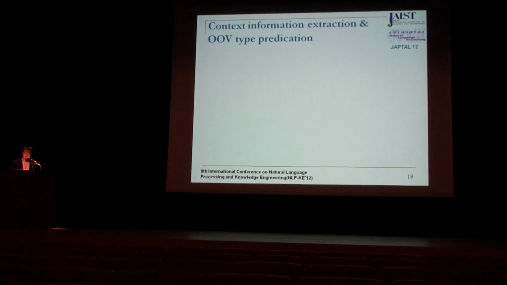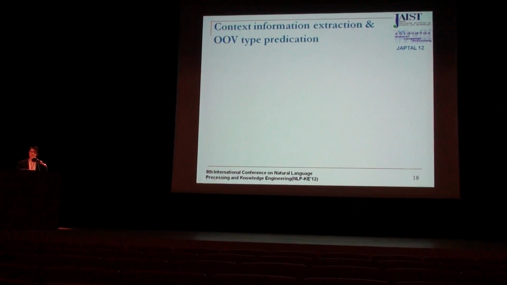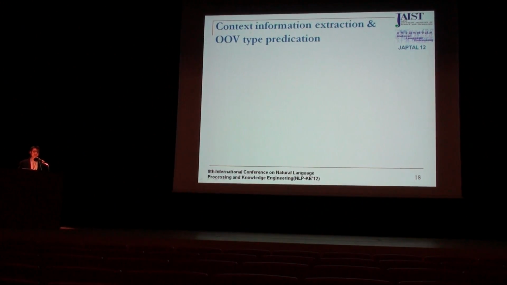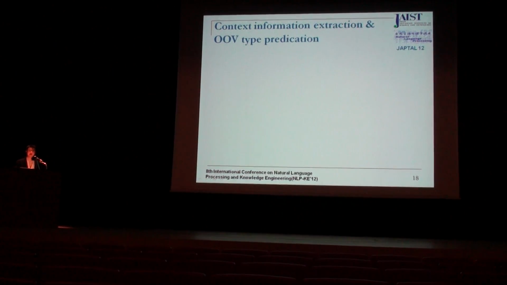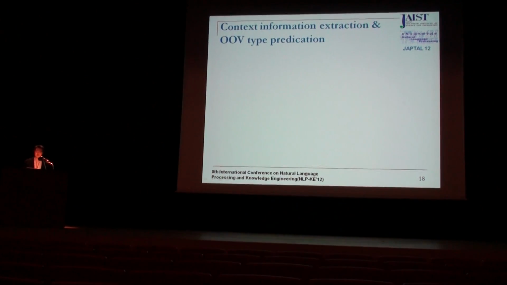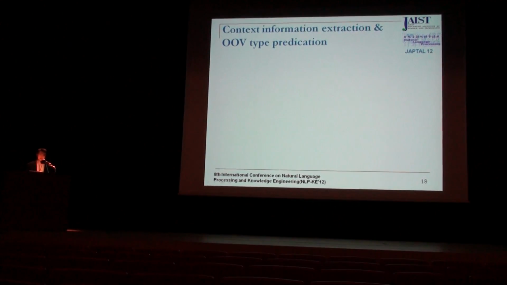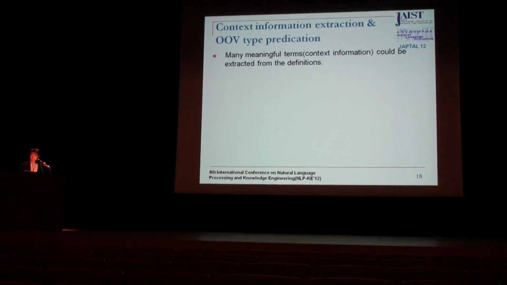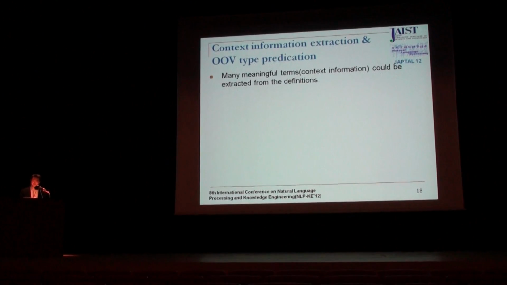For the next step, once we obtain the possible definition, we have to extract certain terms that can be easily identified by our system to do further research. We call it context information extraction and OOV type prediction. In this step, we extract the context information from OOV terms.